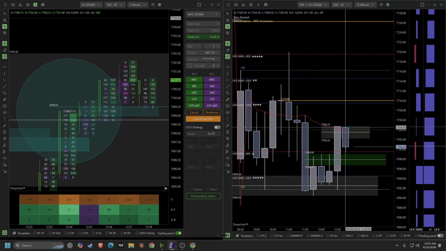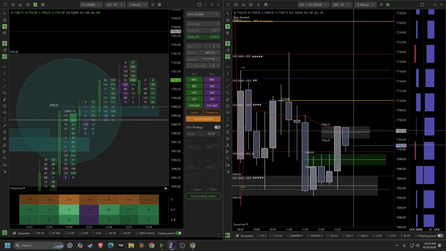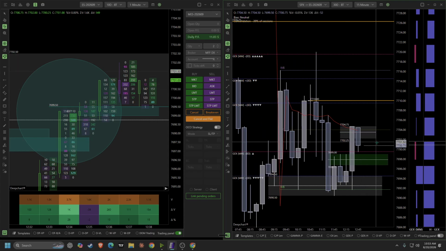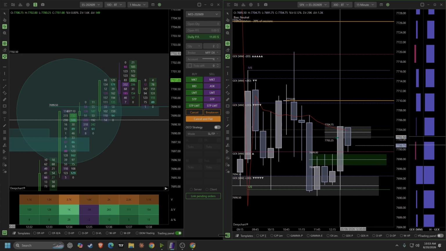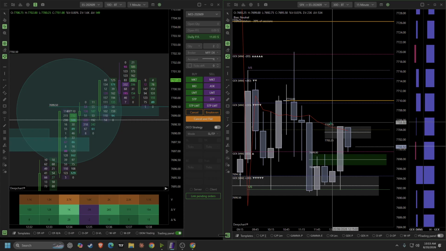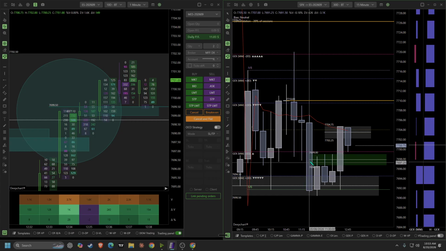However, we rejected from that 0 gex line. We rejected from the middle of the initial balance. We rejected from the resistance of this large down candle.